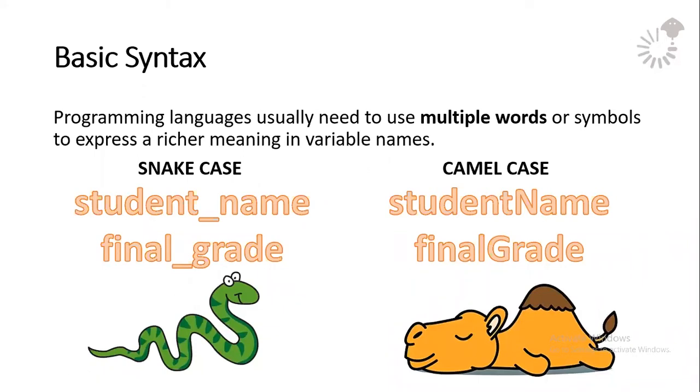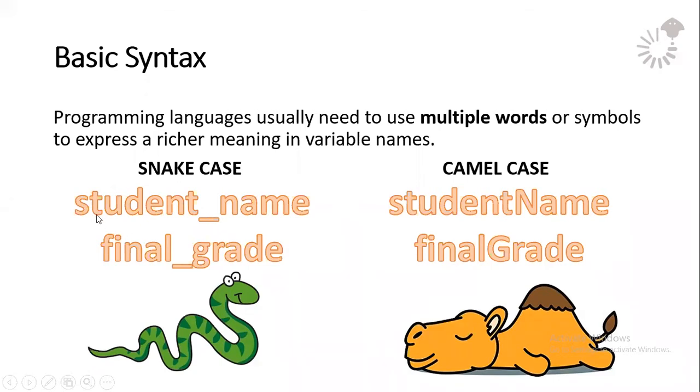However, since it has multiple words, in proper English it should be separated by a space. But space is not allowed. In programming, we could use snake case or camel case, depending on what you like or your style. When we say snake case, we replace the spaces with underscore.